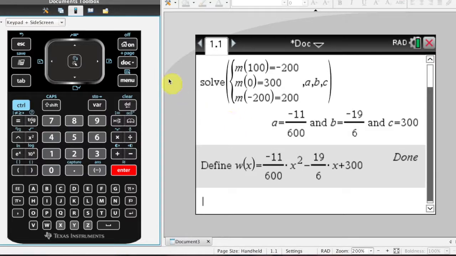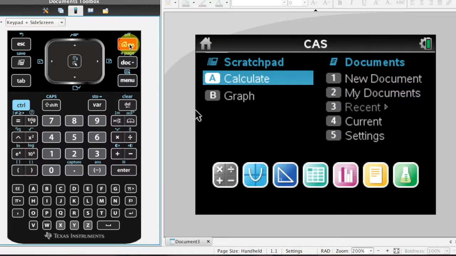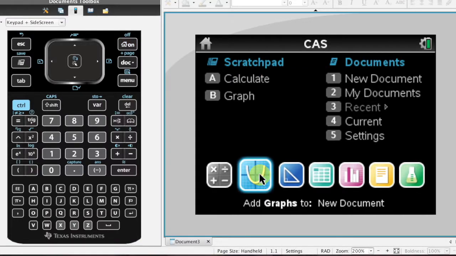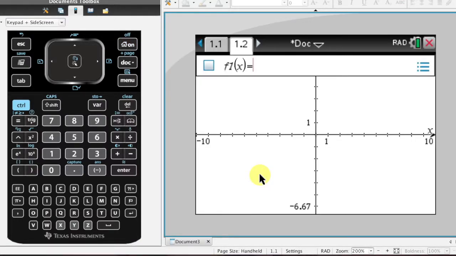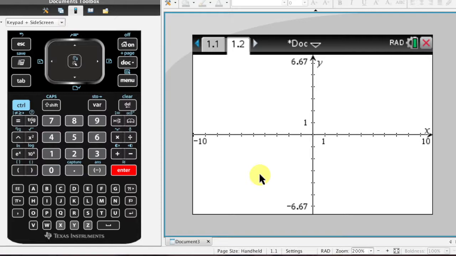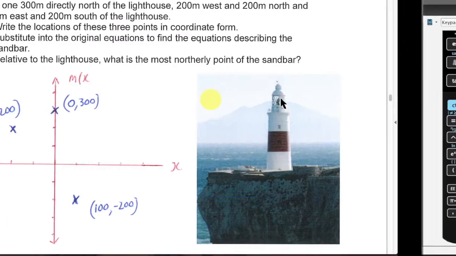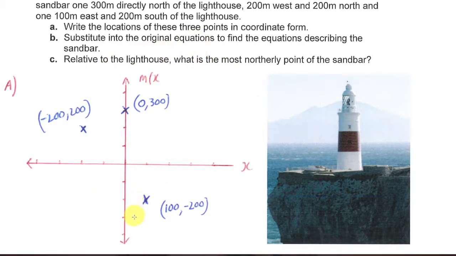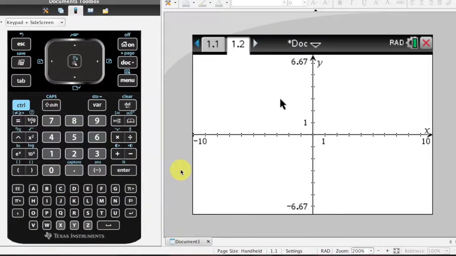My next move is I'm going to work with a graph. And I'm not going to graph m of x, I'm going to graph that w of x. And of course we're not going to see much because what I've got there is between negative 10 and 10, but negative 6.67 and 6.67. So as you know, if we take a look at this, I've got values going from negative 200 all the way up to 300. So I might go with 500s, I think.